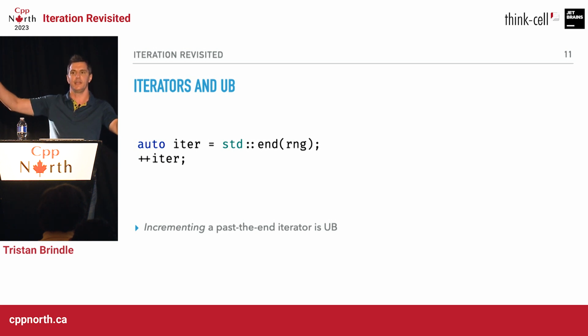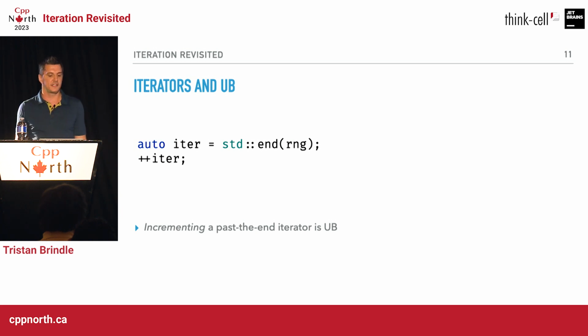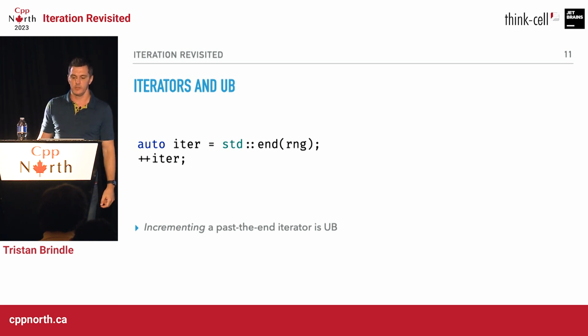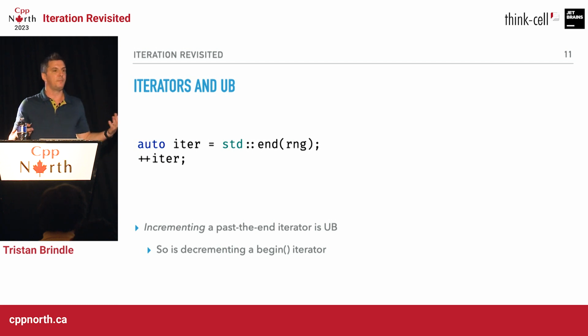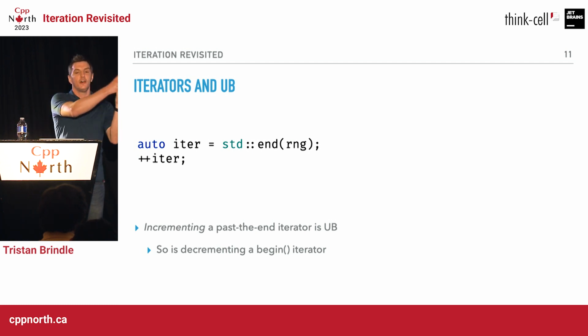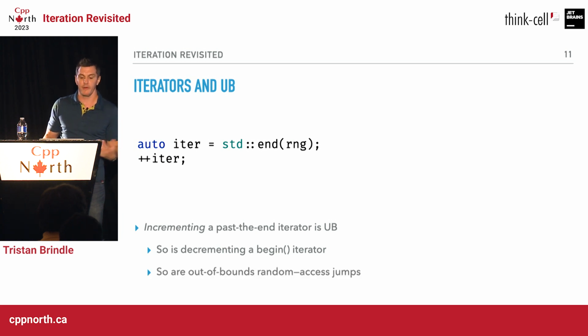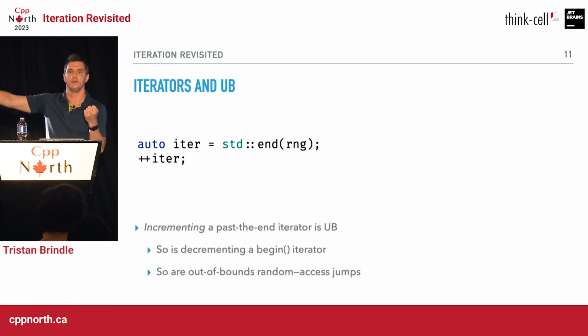It's just banned by the language. We can't form arbitrary pointers. So we can't increment past the end of a range. If we have a begin pointer and a bidirectional range, we can't decrement the begin pointer. Again, that's undefined behavior. If we've got a random access range, we can't do random access jumps outside of the range. That's undefined behavior.